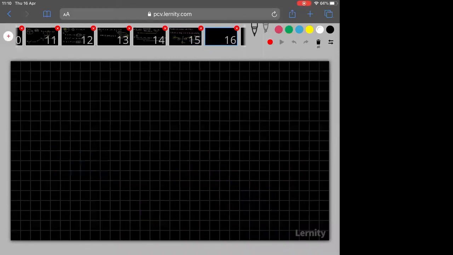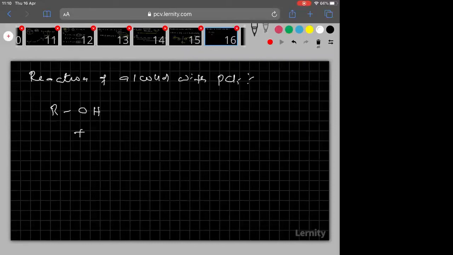Right. Now, still 2 preparation methods are there that we will complete now. Next one is the reaction of alcohol with PCl5, phosphorus pentachloride.